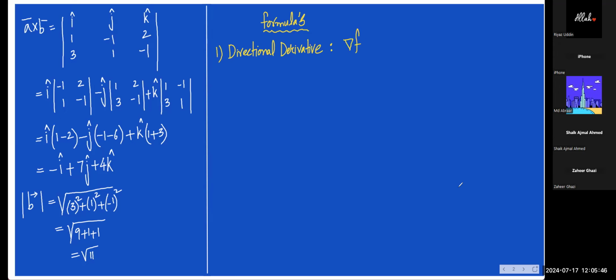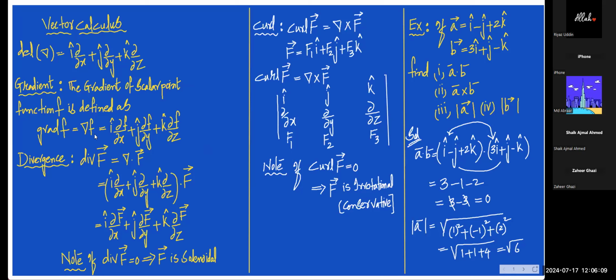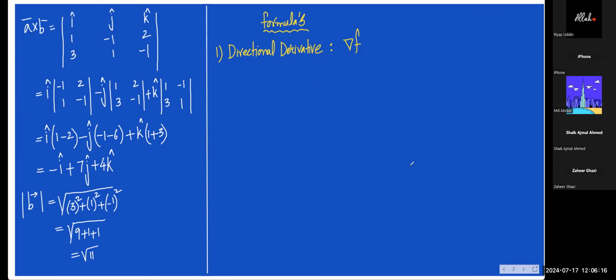Del f means I dou by dou x of f plus j dou by dou y of f plus k dou by dou z of f, where f is given in our question.